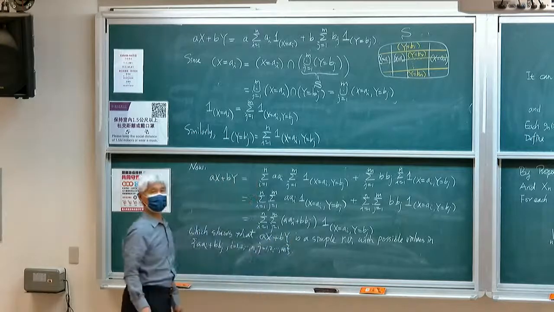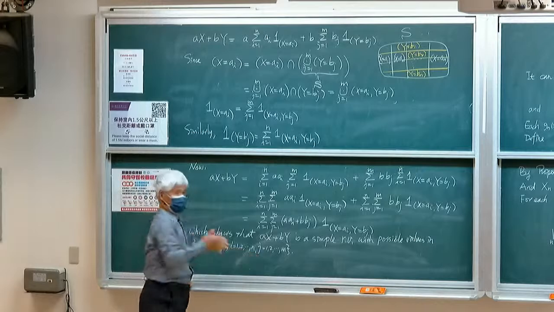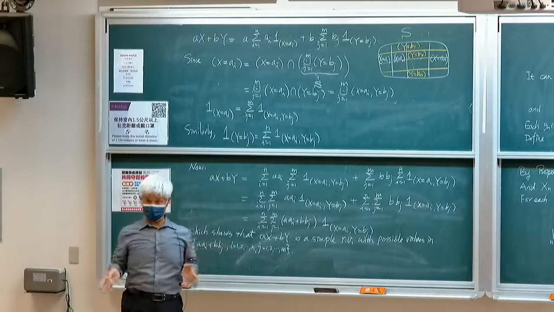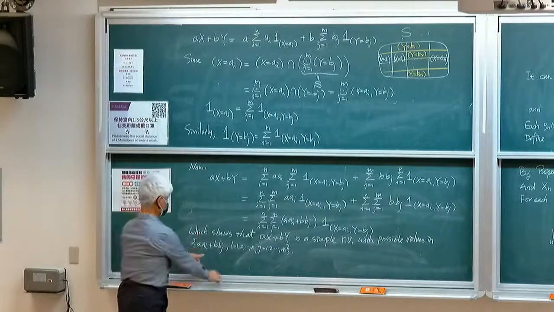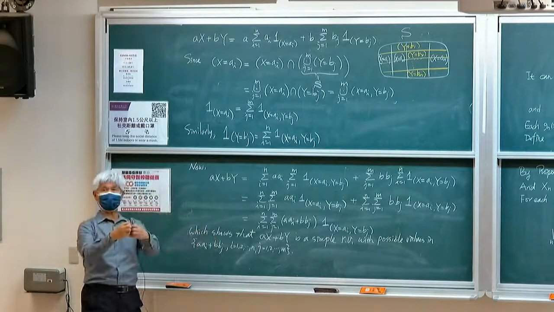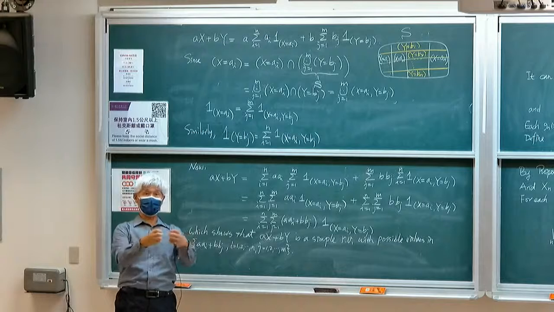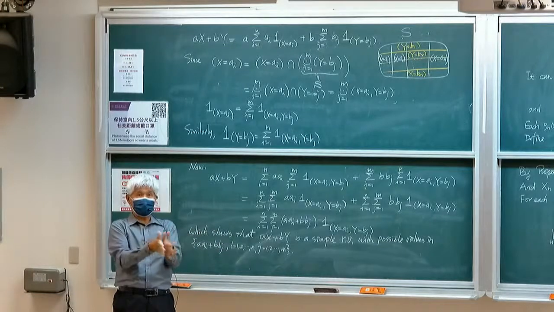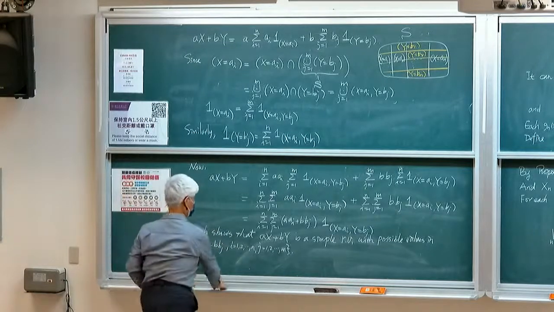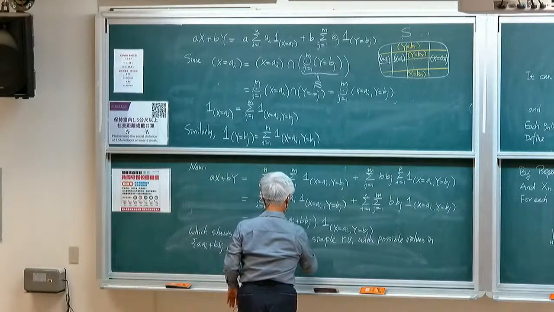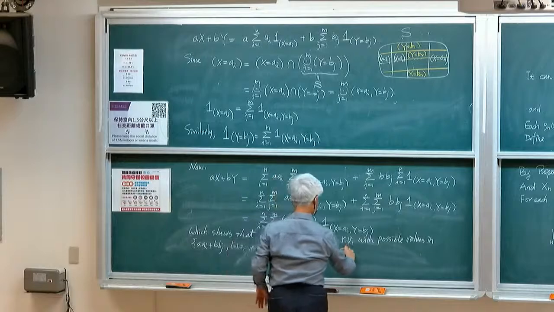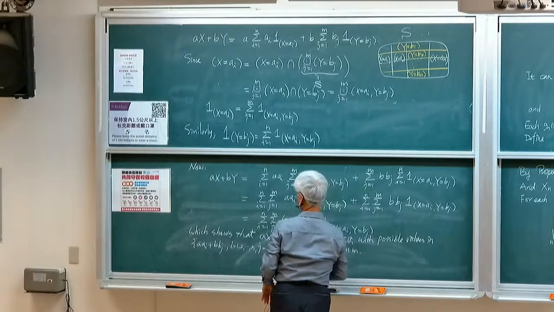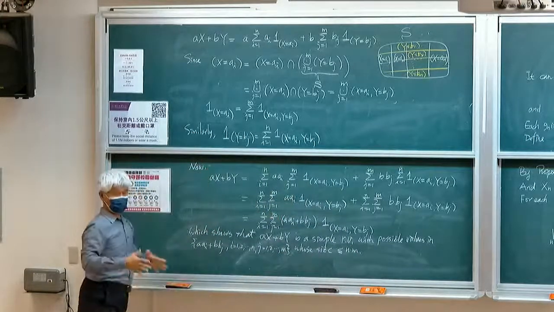Okay, and this size is at most n times m, right? But maybe some of the sums will collide, will be the same. So the size may be smaller. Okay, so whose size is less than or equal to n times m. Okay, all right.